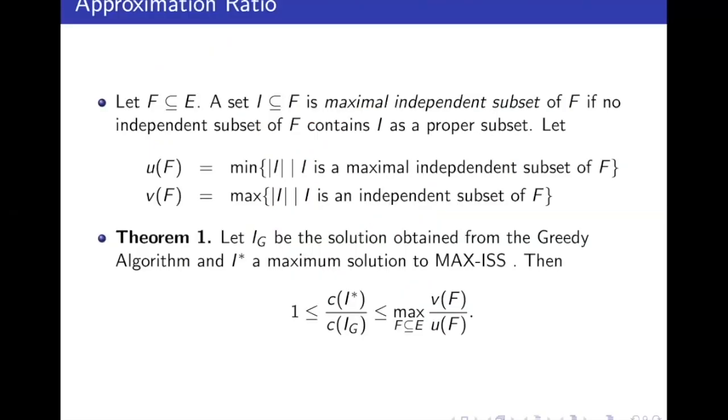Then we can define two measures, which we call U of F and V of F. U of F is the minimum size of a maximal independent set of F. We pick the size to be the minimum one.